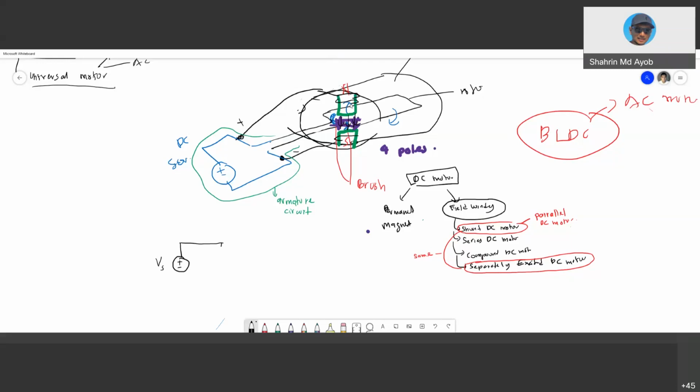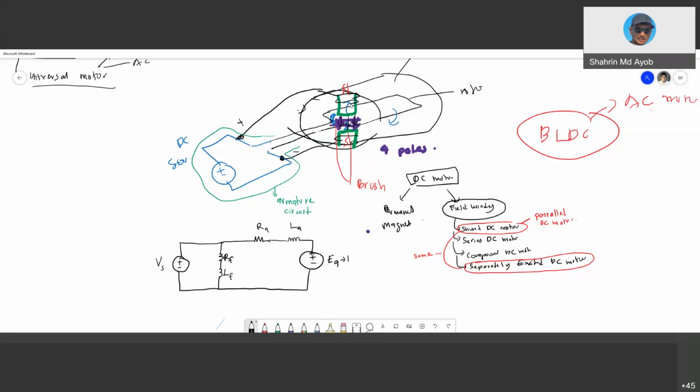and then the field circuit can be represented as RF, where F represents field, and also an inductor. And then we have RA and also LA, and we have this one we call EA.